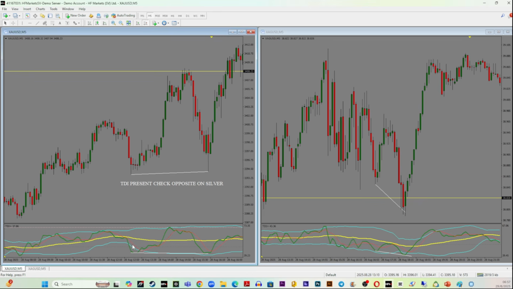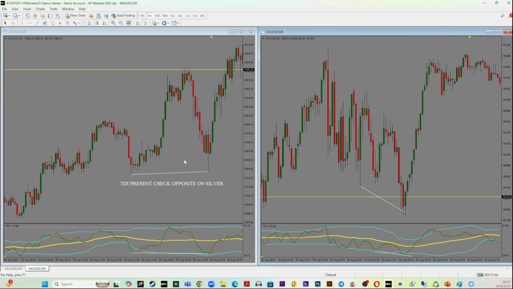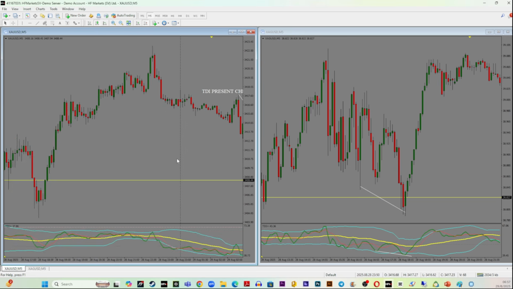So in this particular case, we can see there was a TDI shark fin that was issued corresponding to this particular point, right? If we look at this particular point, it is similar to this zone, and then after that we saw this divergence dropping and rising like that, right?